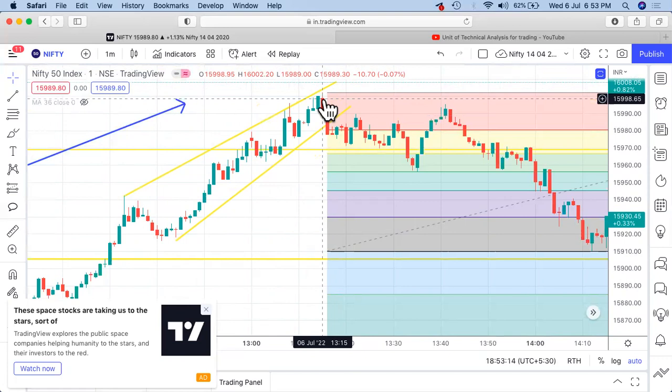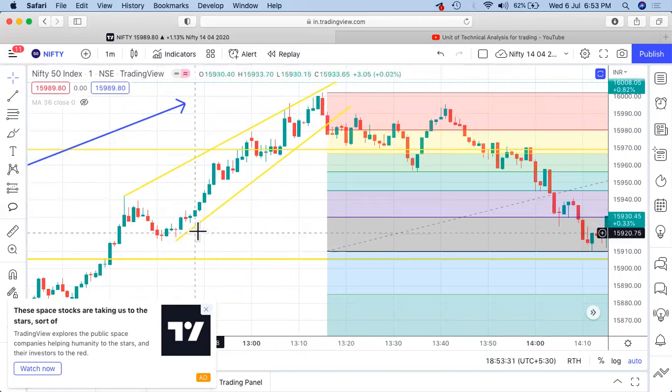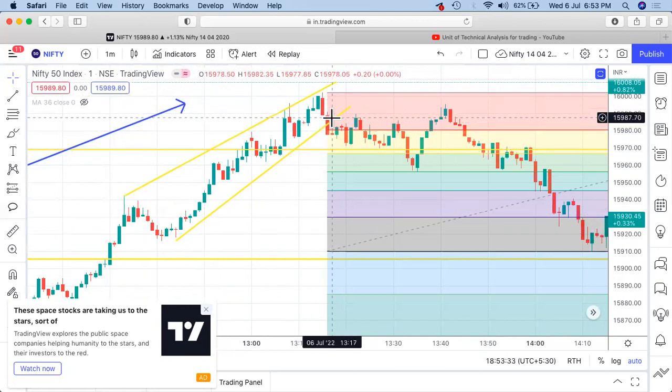The first and most important thing is identification of the trend and the reversal, right? So this is the first part, where you see that there has been a rising wedge. With the rising wedge, the price generally breaks out from the range which is there, right?